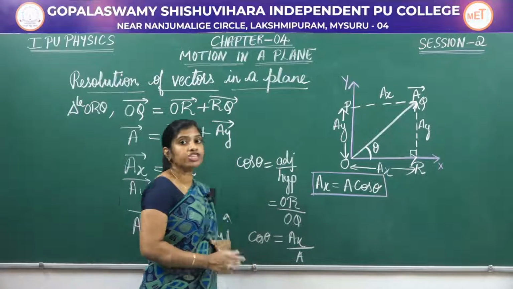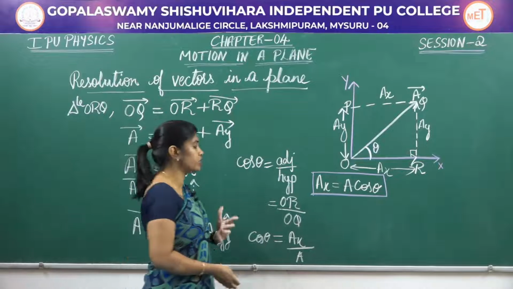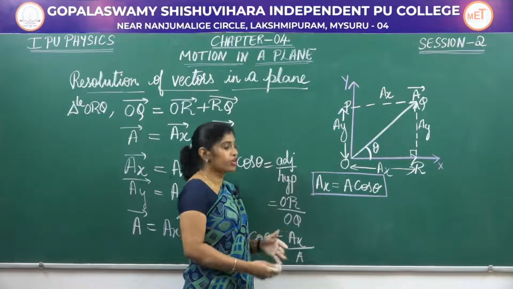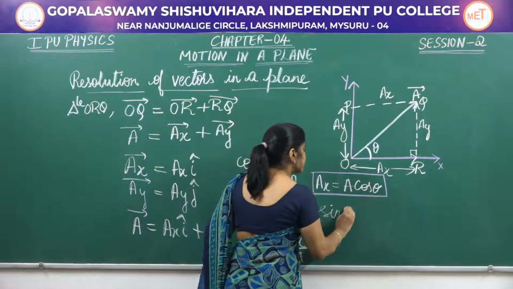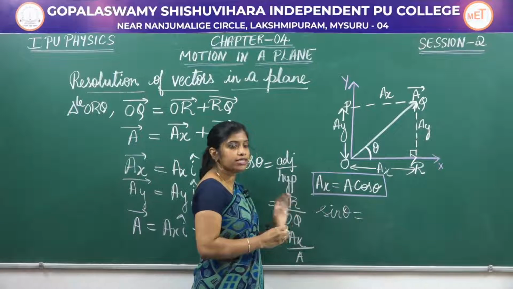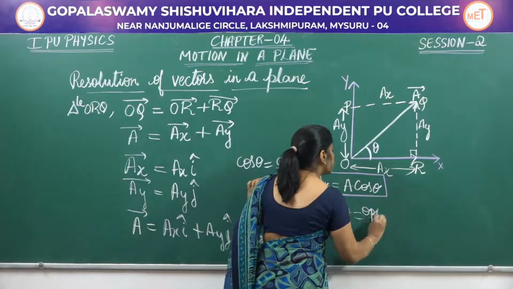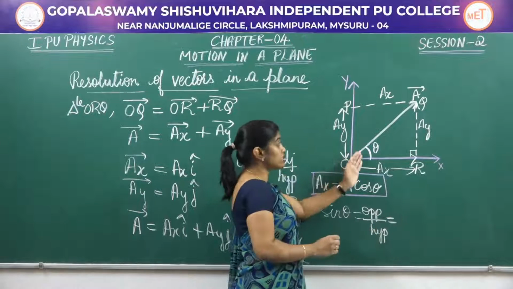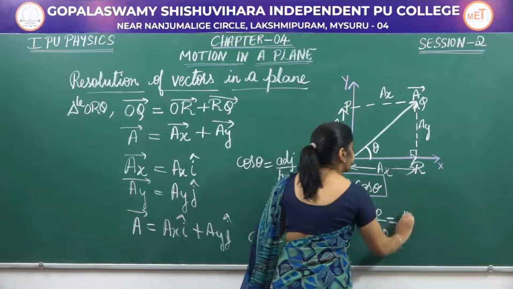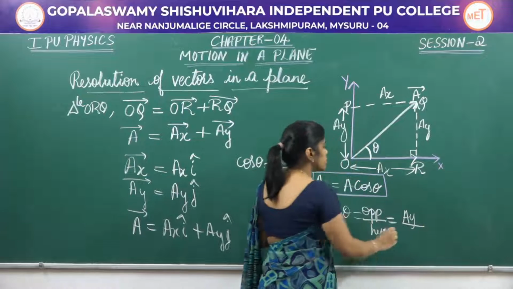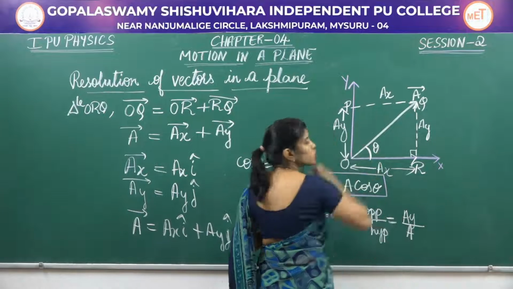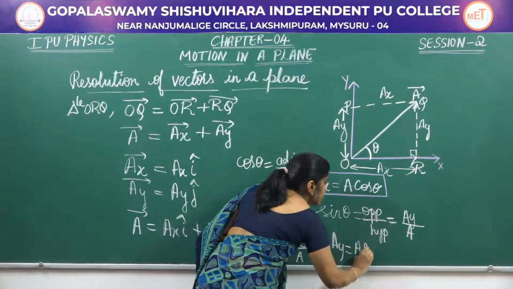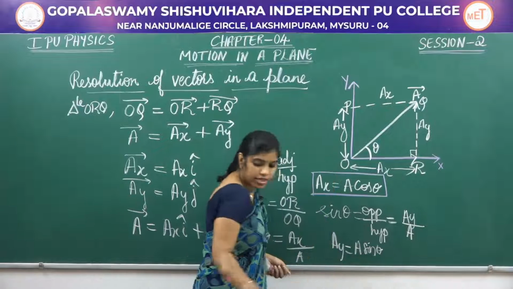Next, let me write AY in terms of the vector A. Similarly, here I am going to consider another trigonometric function, sin theta. What is sin theta? Sin theta is equal to opposite by hypotenuse. Now, which is the opposite side here? It is AY by hypotenuse A, which is OQ. Therefore, AY can be written as A sin theta.